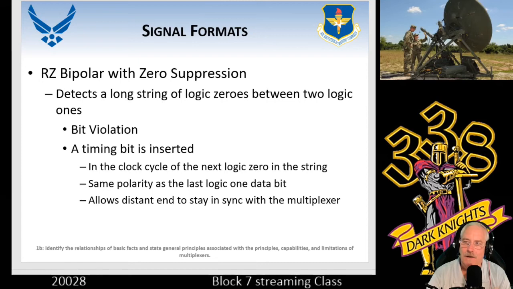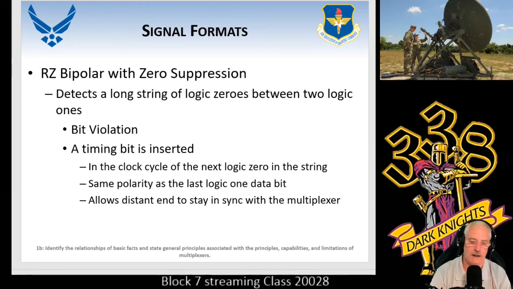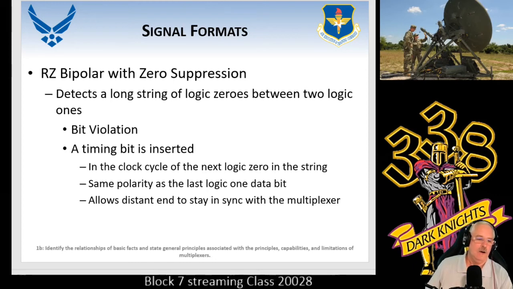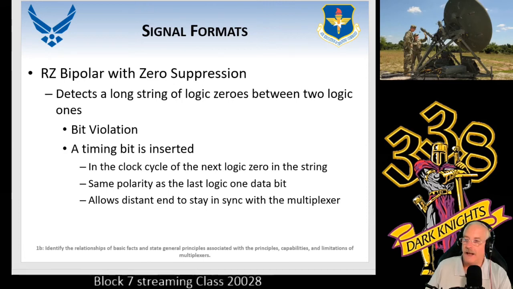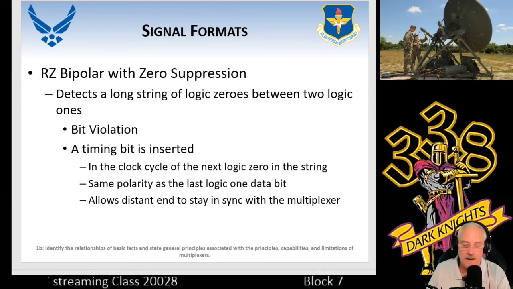Alternate mark inversion. It also has, when you need to throw the zeros, and I'm pulling up my handy dandy cheat sheet, B8ZS, Bravo 8 Zulu Sierra, that's the North American. What that means is after the 8th zero, the 9th bit violation is going to happen. We got HDB3, Hotel Delta Bravo 3, which is European or Japanese.